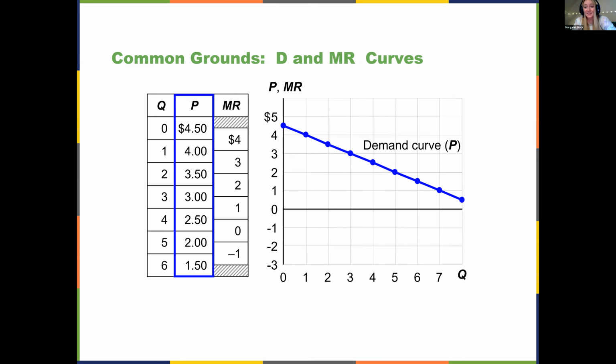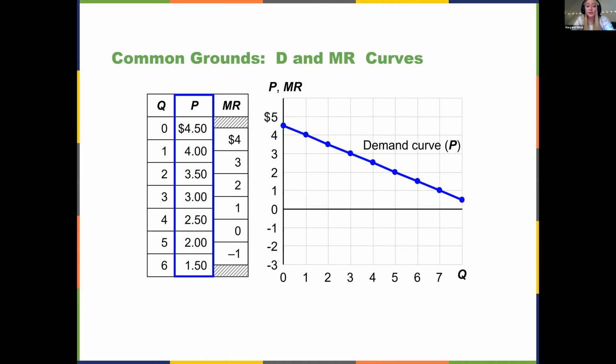So again, remembering what the demand curve actually represents: people's willingness to pay for a certain good or service. Logically, this means that we can use the price to represent what the demand curve would be for cappuccinos from this company.